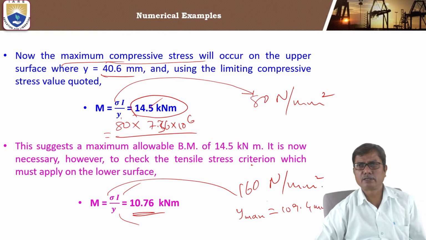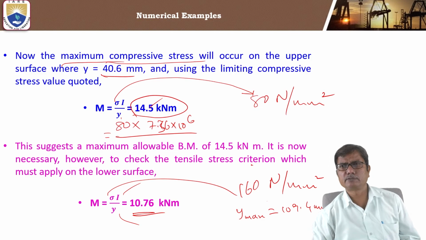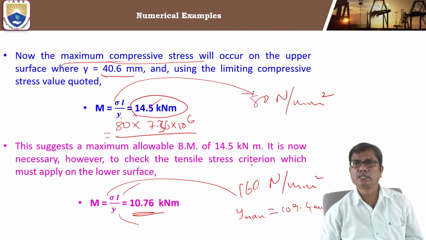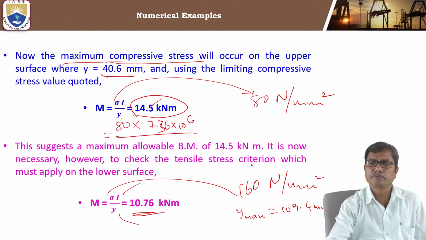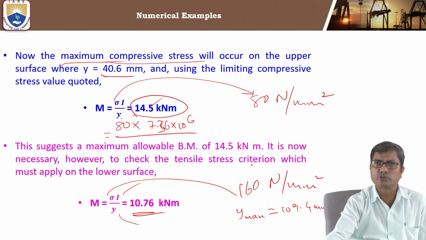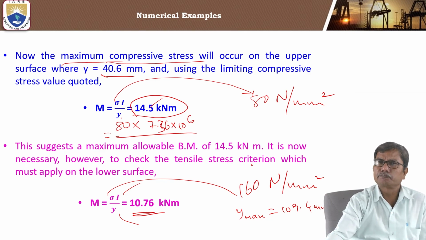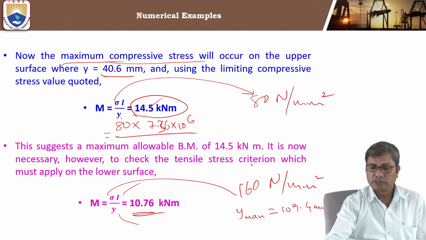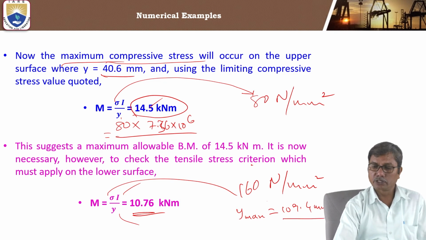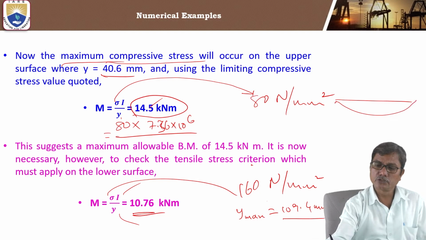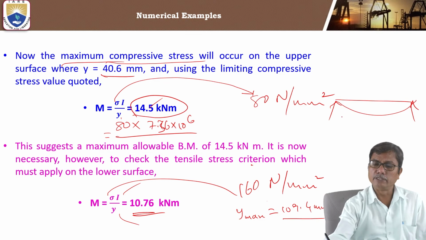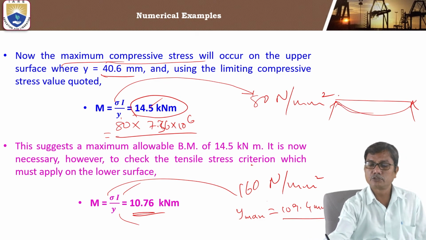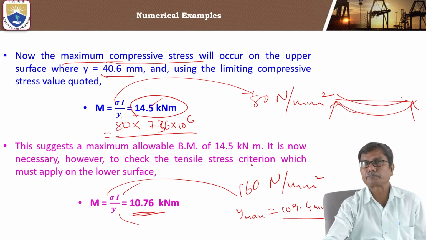Just now we have calculated the distance of the extreme fiber from the neutral axis in the tension zone. That is the bottom zone, the bottommost layer. This is nothing but the distance of the bottommost layer, because in a simply supported beam the tension zone means the bottom of the beam, and the compression zone is the top of the beam.